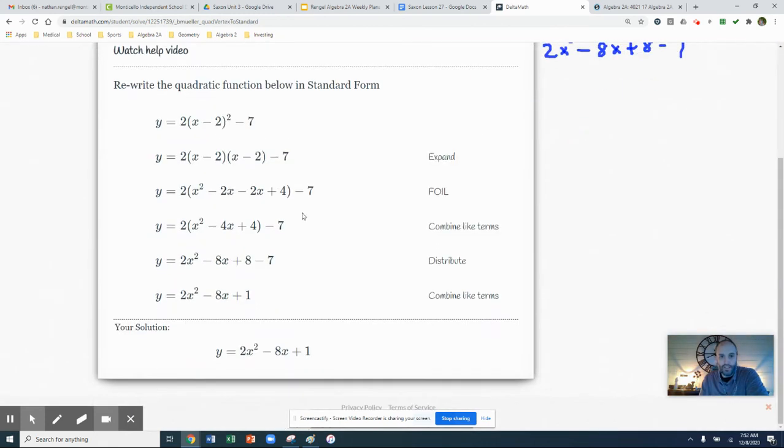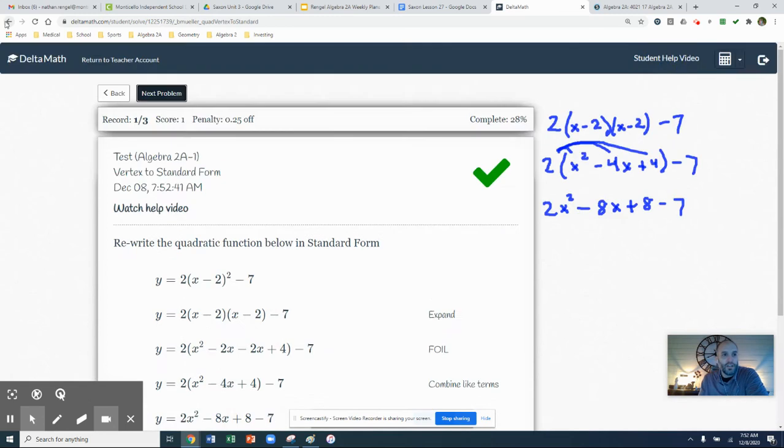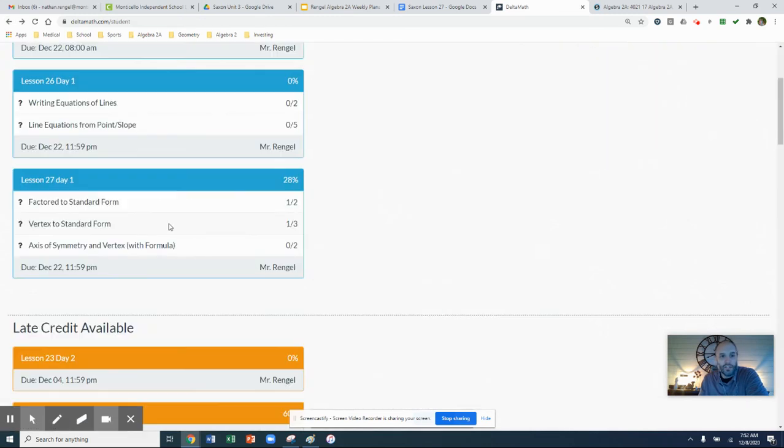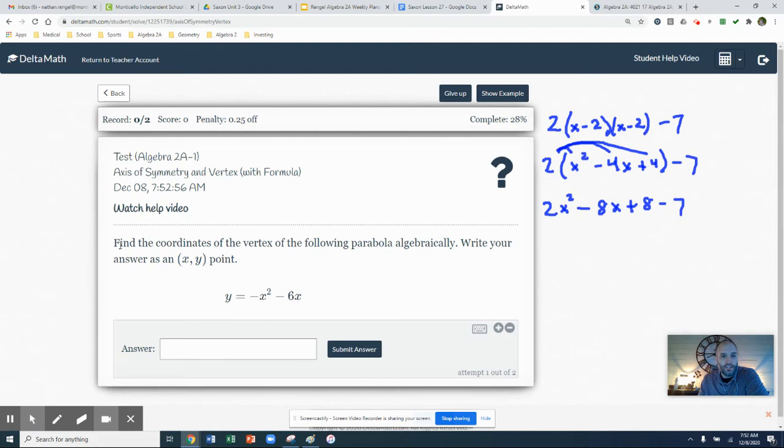And there it walks through the exact same steps that we just did. So even if you get it wrong, it'll walk through those steps, and then you can go and try the next one. All right, heading back to our last example.